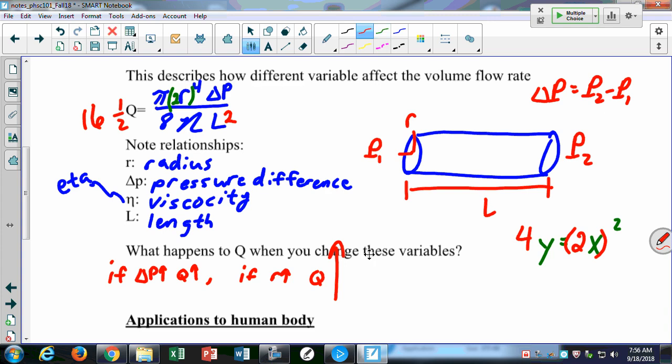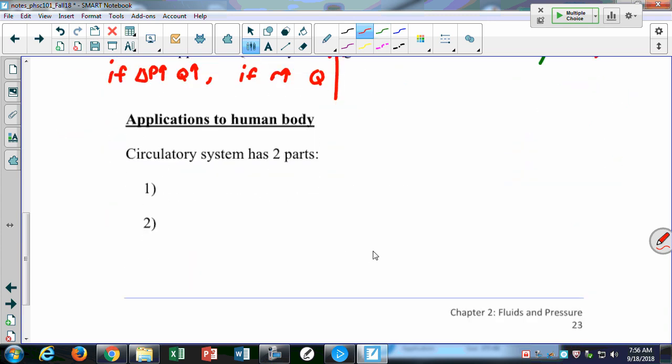All right. So, applications to the human body. You need to have a basic understanding of the circulatory system and how some of these principles of fluid flow apply to the circulatory system, and then also some of the other fluid systems in the body, the digestive system. But mostly looking at the circulatory system. There are 2 parts to it. The systemic circuit.